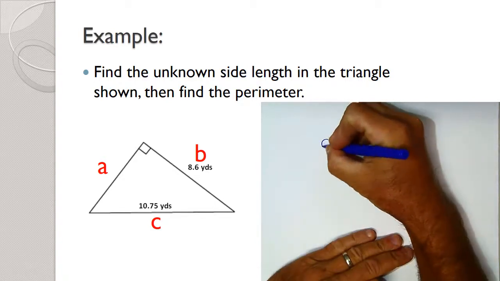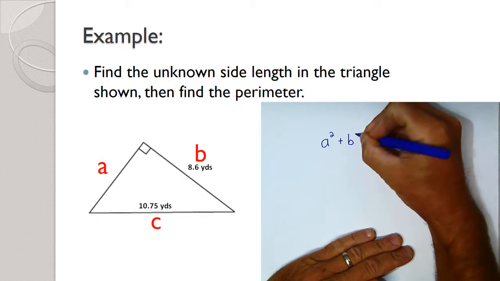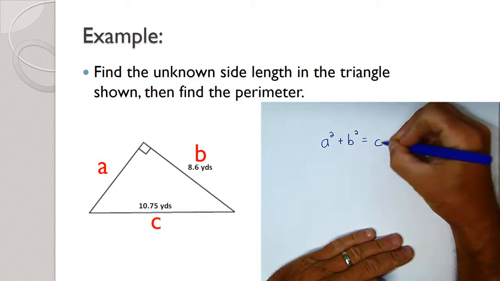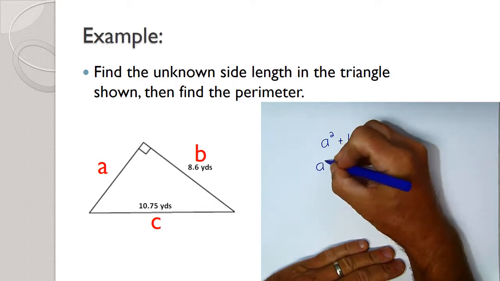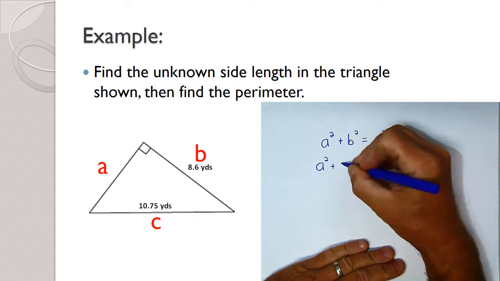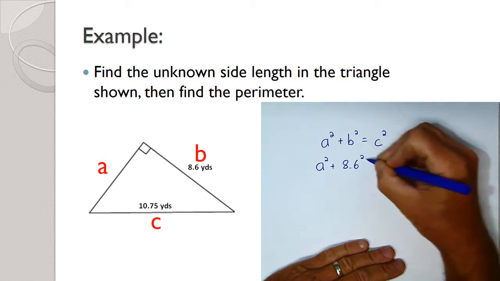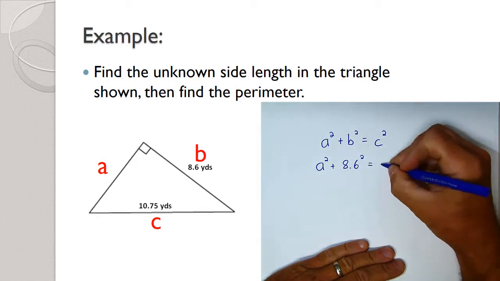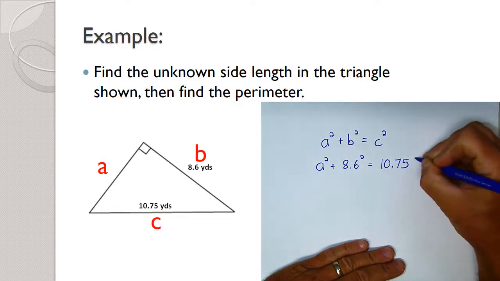So it is certainly still true that a squared plus b squared is equal to c squared. But our known values are going to slip into different spots here. We don't know a, so that's just going to remain a squared. B, though, we do know is 8.6, which we'll square. And this time we do know c, which is 10.75, and that's going to be squared.